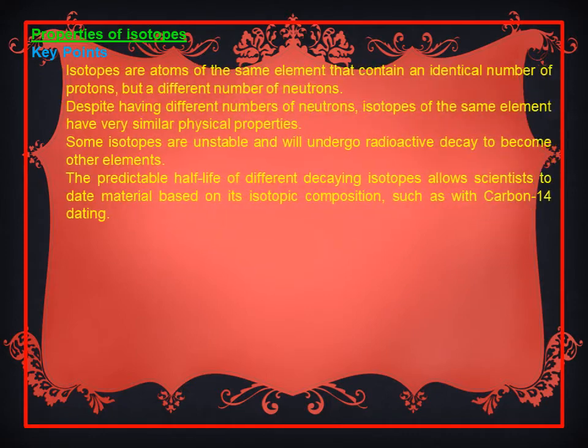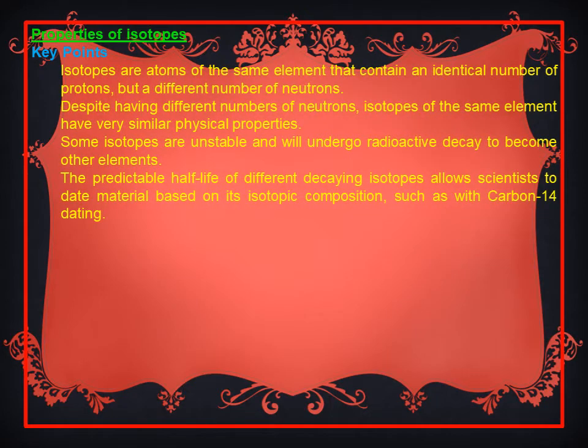Now, properties of isotopes. Key points. Isotopes are atoms of the same element that contain an identical number of protons but a different number of neutrons. Despite having different numbers of neutrons, isotopes of the same element have very similar physical properties.